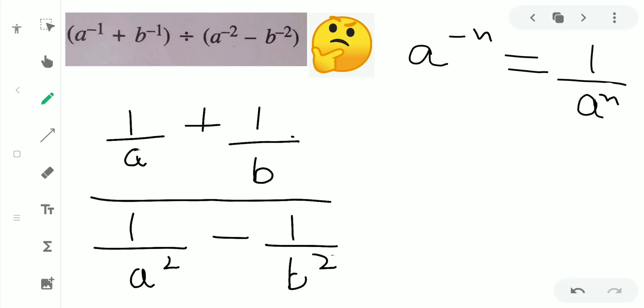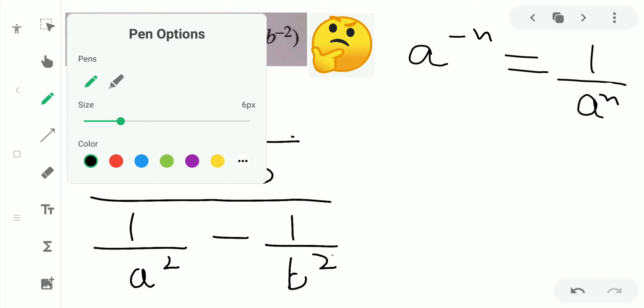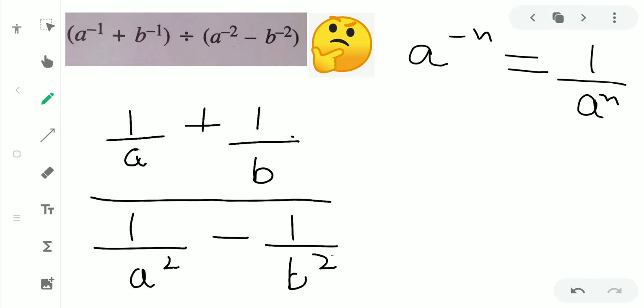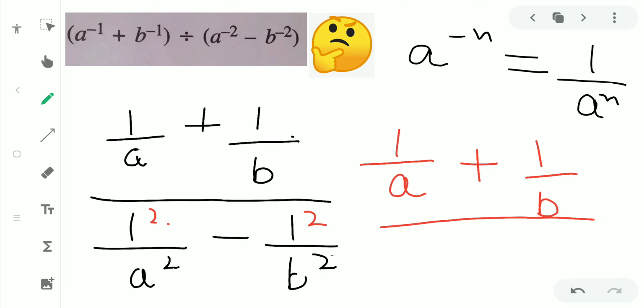Now I can also write 1 by a square as 1 square by a square, and 1 by b square as 1 square by b square. So you will get 1 by a plus 1 by b divided by (1 by a) whole square minus (1 by b) whole square.